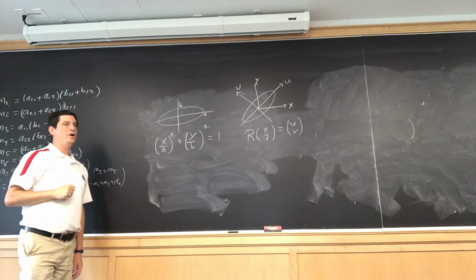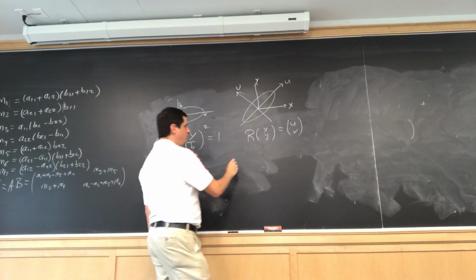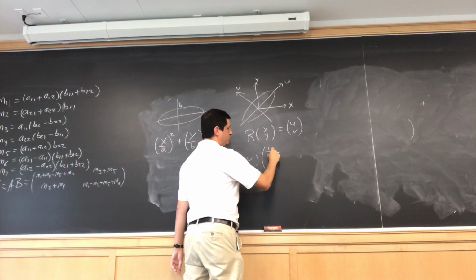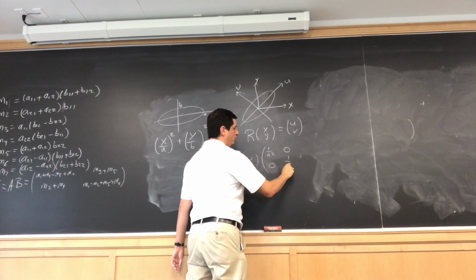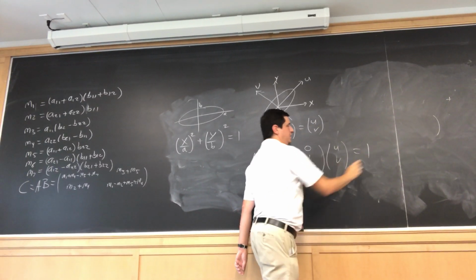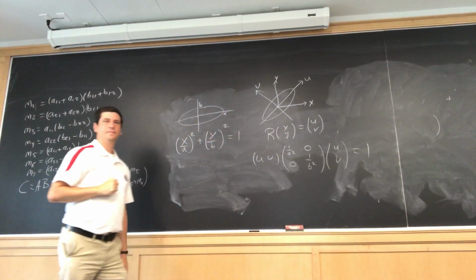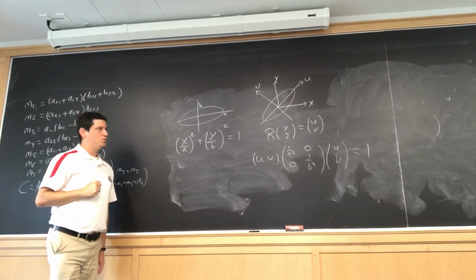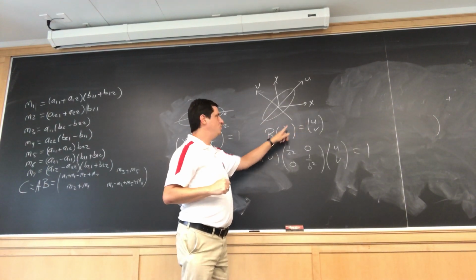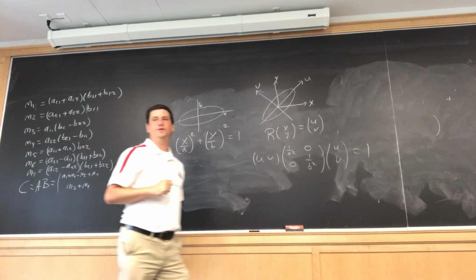And then we know what the equation is in uv space. In uv space it would be (u v) times the matrix with 1 over a squared, 0, 0, 1 over b squared, times (u v), equals 1. And now if I want to get into xy space, well, if R times xy is uv, then xy is R inverse times uv.